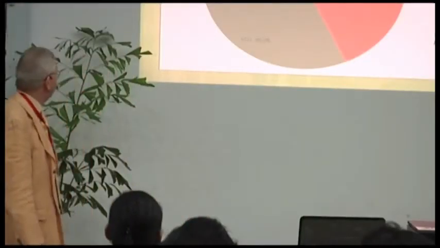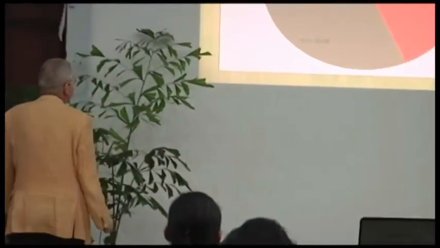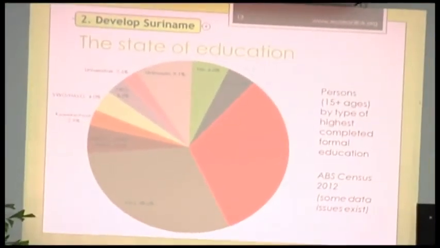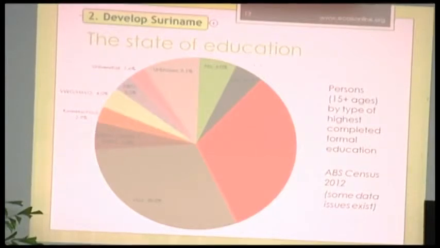But then the state of the education. Here are figures of the census of 2012. There are some issues around the data, but let's assume that this is correct. The errors will be small, I guess.